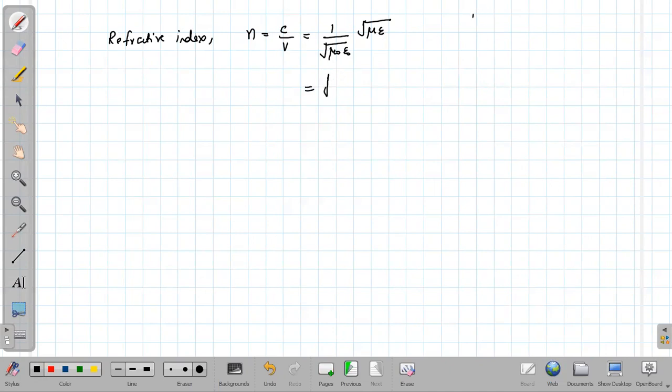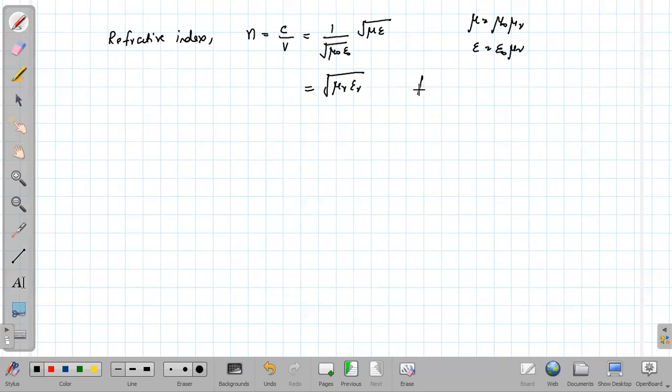Mu is nothing but mu 0 times mu r, and epsilon is epsilon 0 times epsilon r. If you substitute it, then what you will get is root of mu r epsilon r. Now mu r is called the relative permeability and epsilon r is called the relative permittivity.